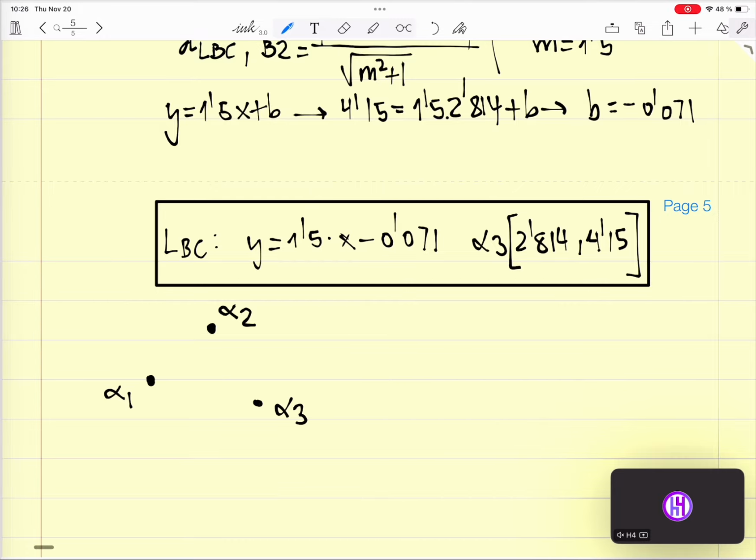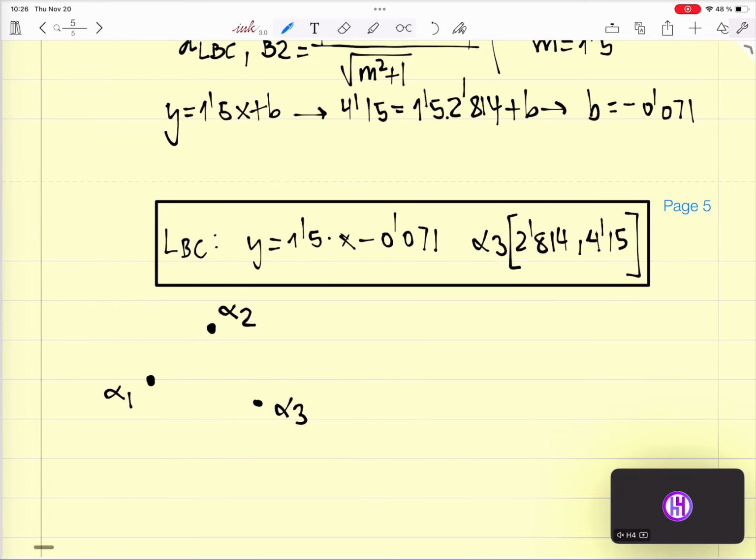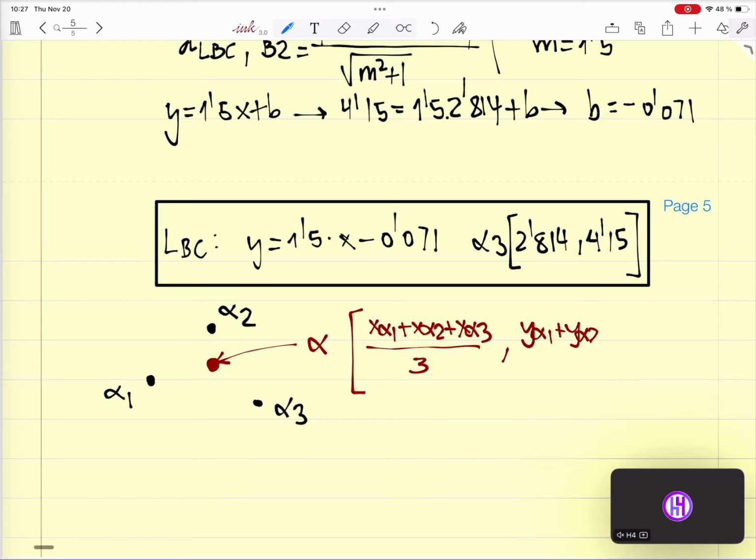Okay, the barycenter of the triangle alpha has coordinates x alpha 1 plus x alpha 2 plus x alpha 3 divided by 3, and then y alpha 1 plus y alpha 2 plus y alpha 3 divided by 3.